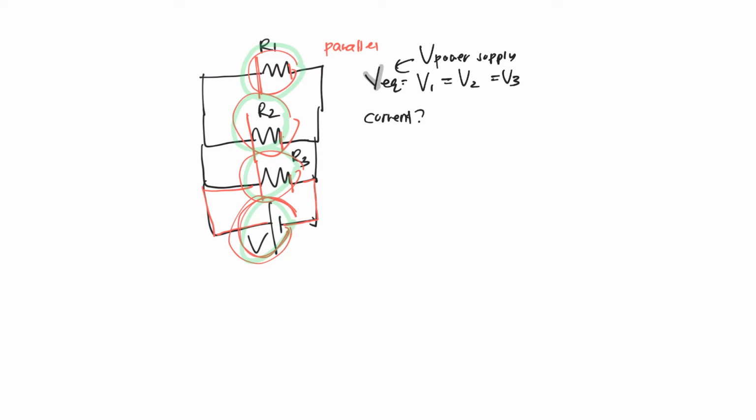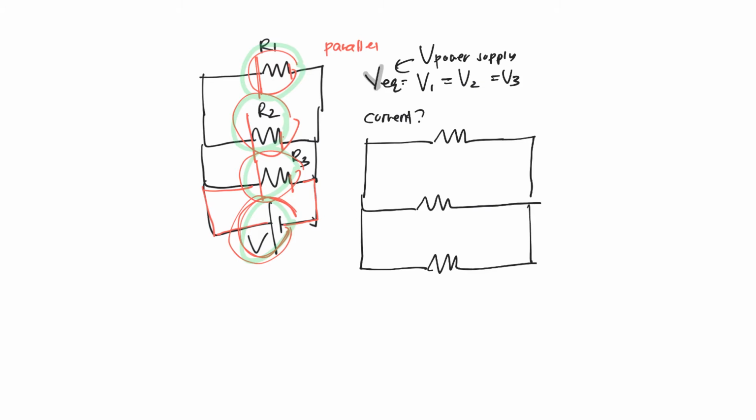Okay, for the current flow, imagine that there's a resistor here and here. So this is R1, R2 and R3 connected to the potential difference. Current flow is basically electron flow. Imagine electron flow is like a big fan of an artist.